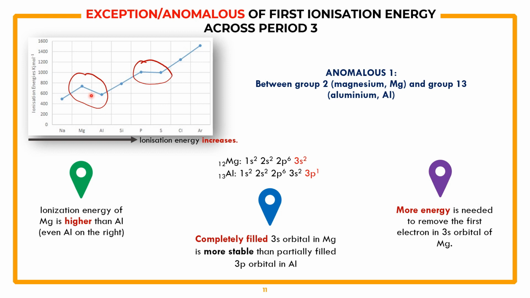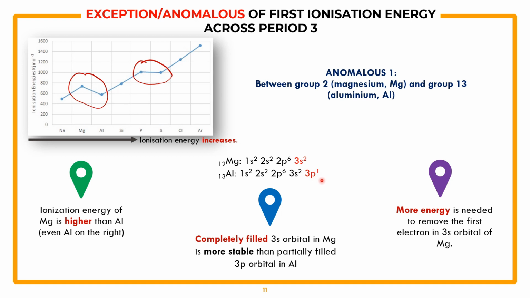Tetapi in real, from the study, it is proven that the first IE of aluminium is lower than magnesium. So what is the reason? So you can see clearly by drawing an orbital diagram or by writing this as SPDF electronic configuration. So this is the electronic configuration of magnesium, and this is for aluminium.